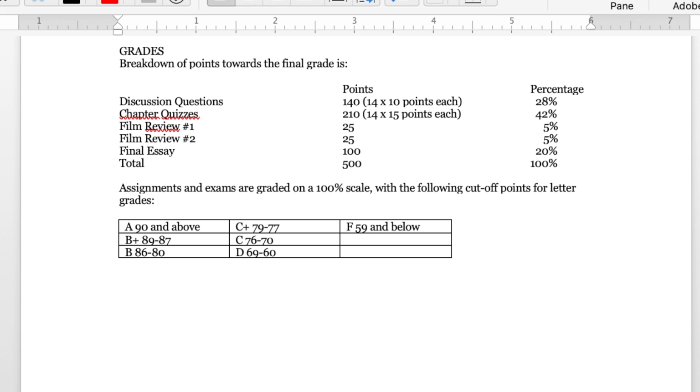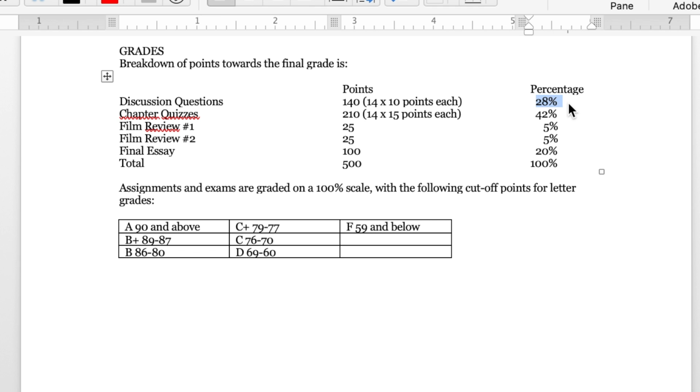So, and what I mean by that is, for example, here he has the discussion questions at 140 points, basically 14 times 10. So each one is worth 10 points each, right? Okay, so you just know that you're going to get 140 points, and it's 28%.